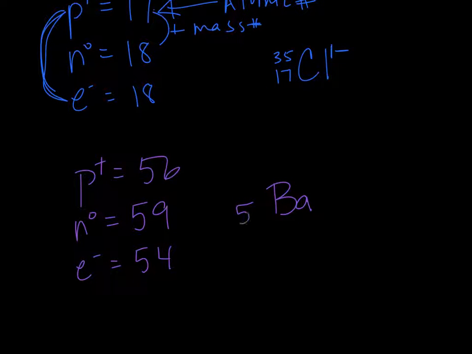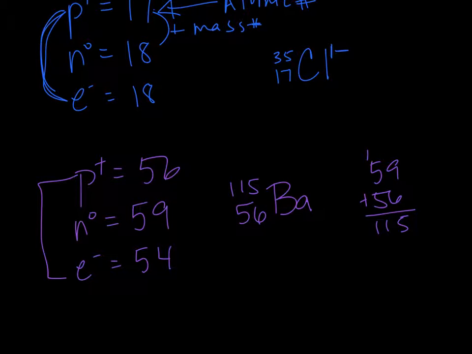And so I'm going to write my atomic number down here, which is my number of protons. And then my mass number is going to be 59 plus 56. And so that's 115. And then my number of electrons is 54. And so if I compare these two together, I have 2 extra positives, the negatives, so it's going to be 2+.